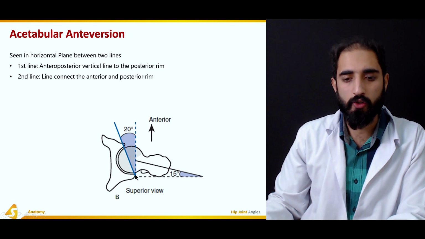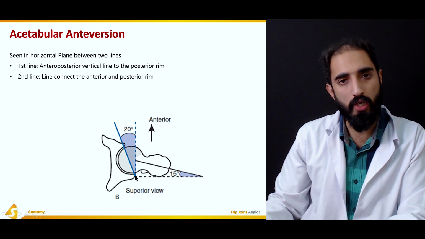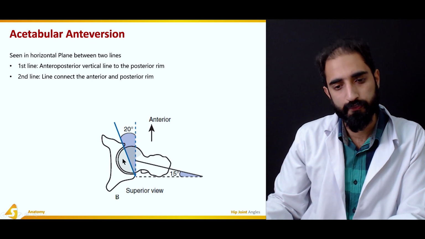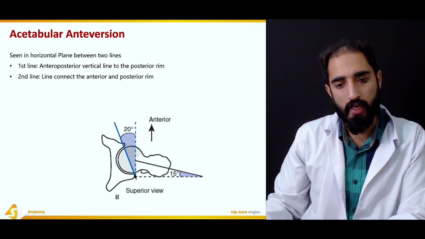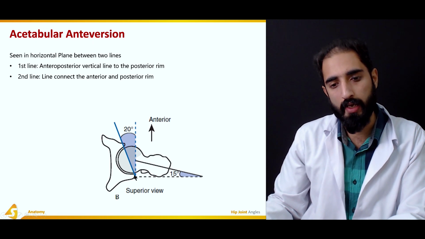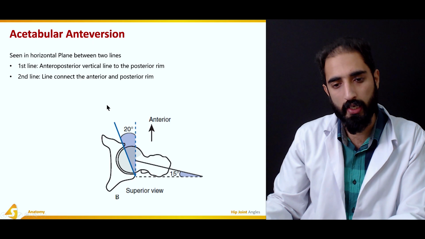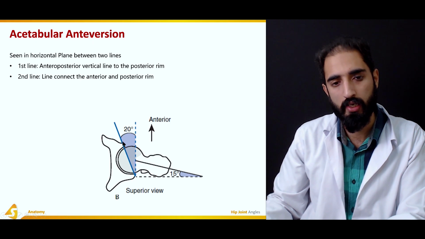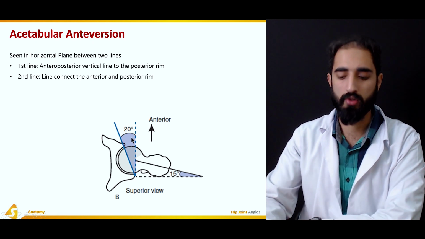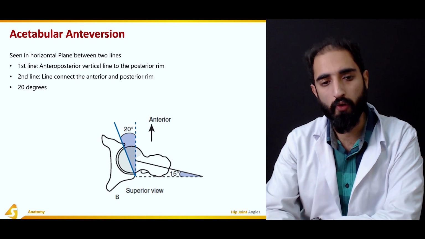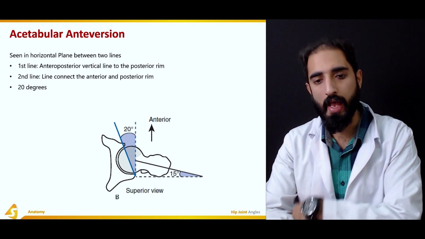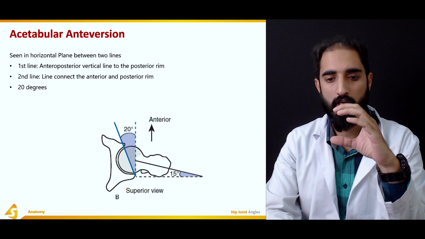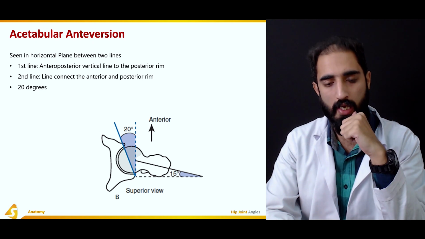The second line is an oblique line which connects the posterior rim of the acetabulum with the anterior rim of the acetabulum, and this oblique line makes an angle with the vertical line, which is known as acetabular anteversion. The normal value for this is 20 degrees, and this angle is responsible for the anterior orientation of the acetabulum.